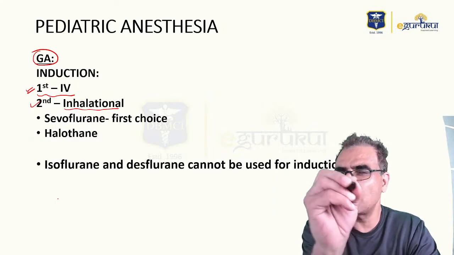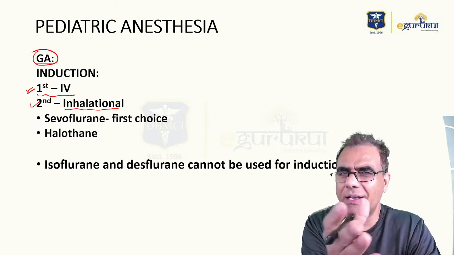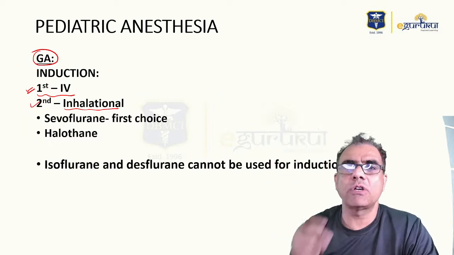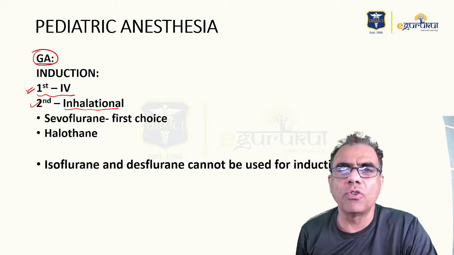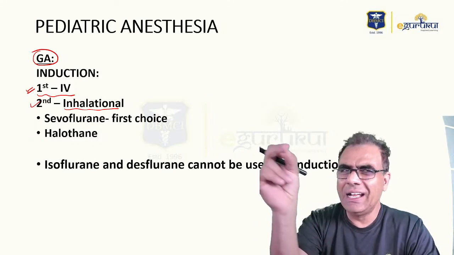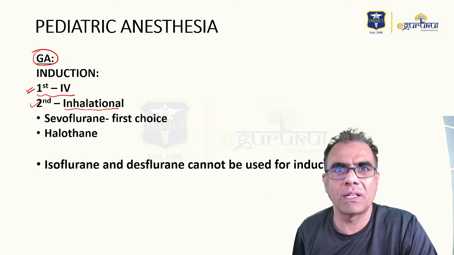Because I saw one tricky question even in FMG. Induction agent of choice in pediatric, I think 2-3 years back, they asked. First choice they had given sevoflurane and last choice was propofol, and all students attempted sevoflurane and the question was wrong. They had asked the induction agent of choice, a child I think was going for some surgery, a 6-year-old child, some clinical situation was like that.